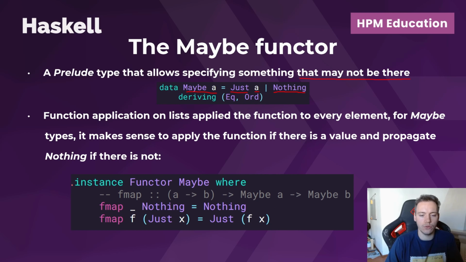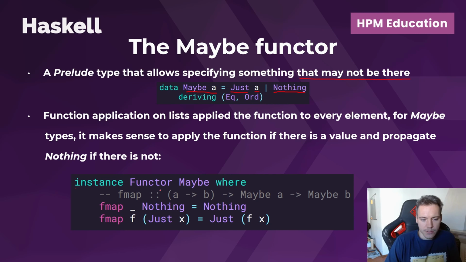We don't need to make an instance for the maybe type to be a functor. It's already done. But anyway, function mapping on a maybe type would mean apply the function if there is some value, if there is a Just a, or if it is Nothing, then simply propagate the Nothing. So we propagate the error state, and we know something went wrong.